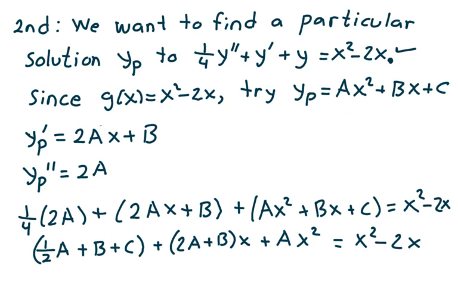I grouped things accordingly. So I'm going to group the constants. So I get 1/2 a plus b plus c. And then I grouped the terms that contain a factor of x and then factored out the x. So then I'm going to add 2a plus b, that quantity times x, plus ax squared. And then on the other side, I get x squared minus 2x.